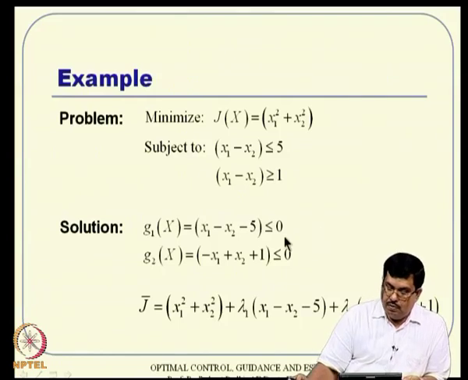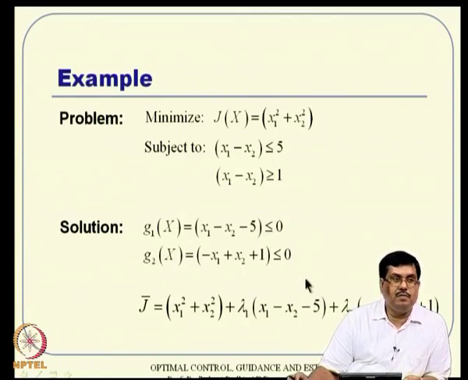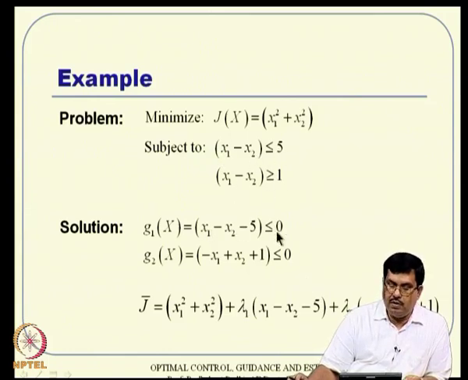So, what is the first thing? First thing to note is what G1 and G2 are here, and our analysis says that we have to do it in the less than equality sense. So, the first one is easy, you just take x1 minus x2 minus 5 is less than equal to 0.